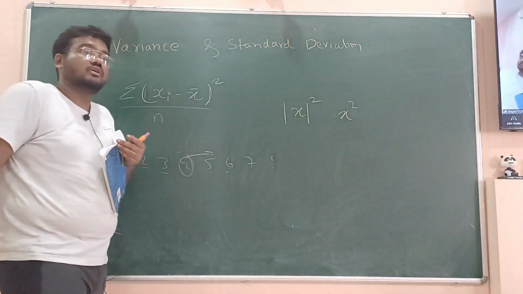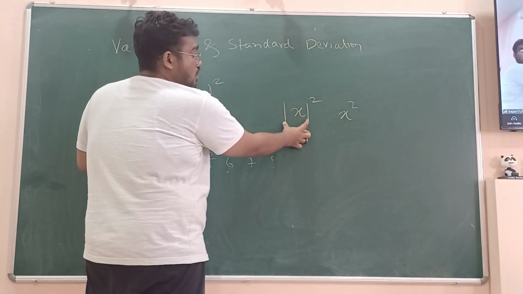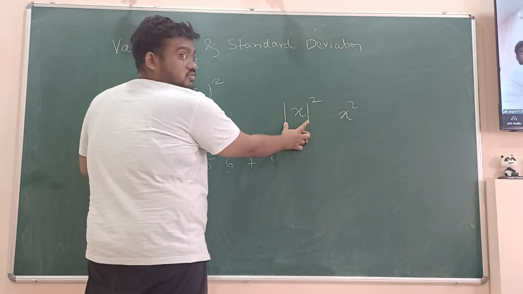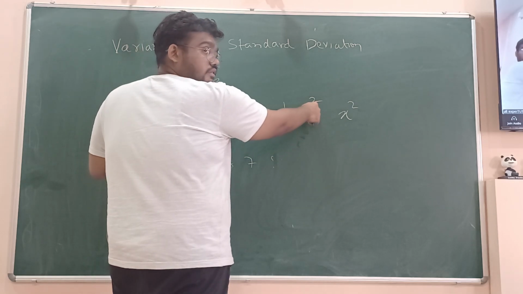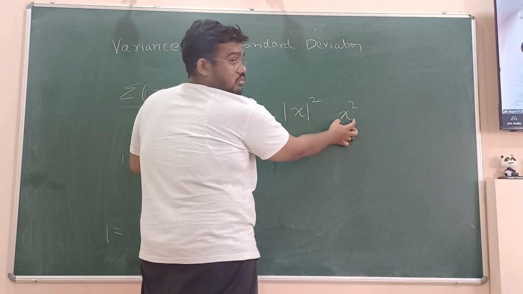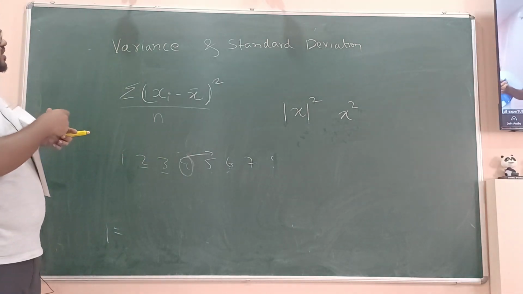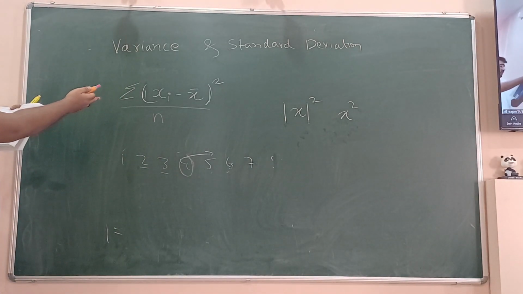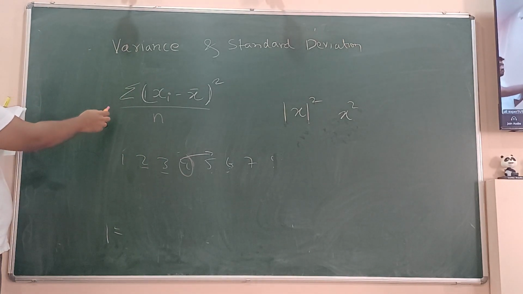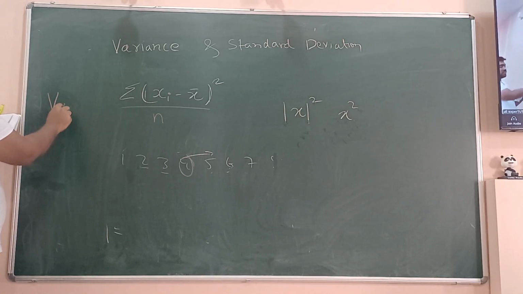It doesn't matter, because whether it's negative or positive, if you do a mod the number is positive and then you square it, and in the second case, any number squared is still positive, right? Now this quantity is called variance.